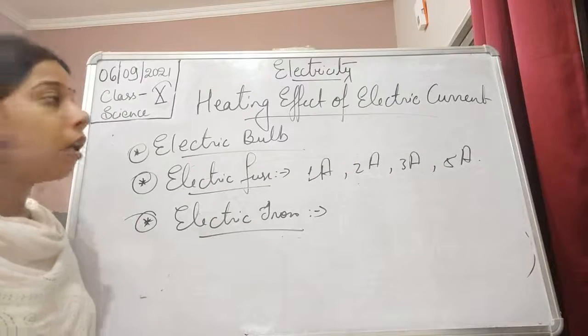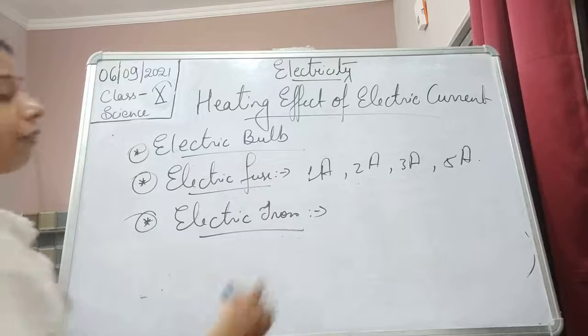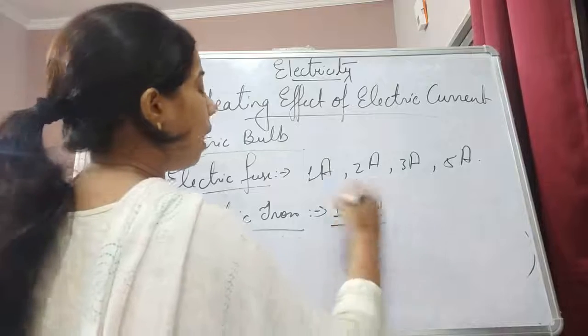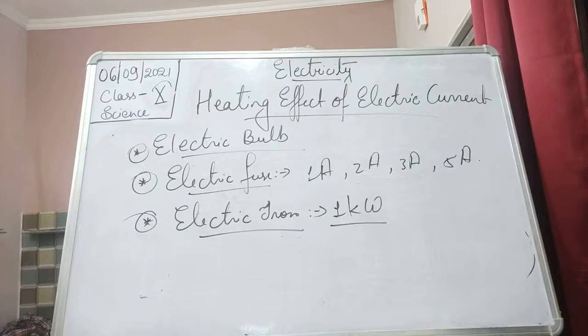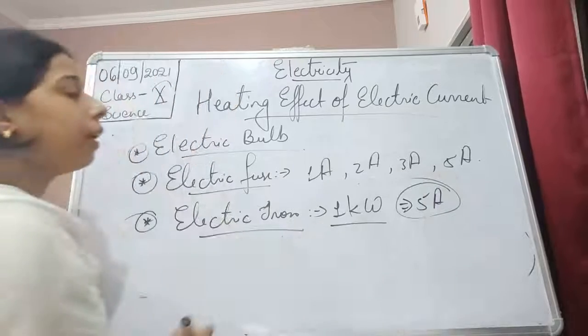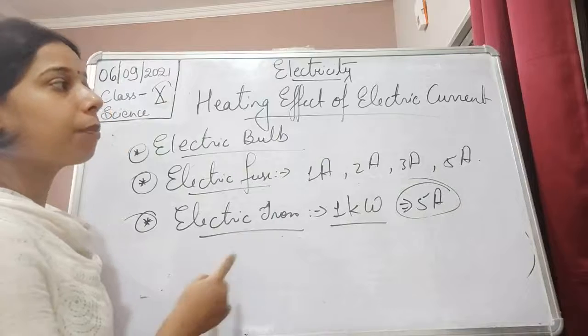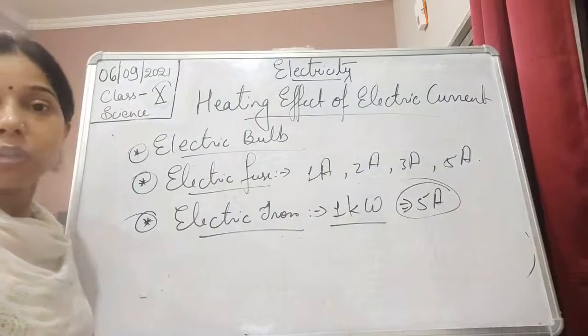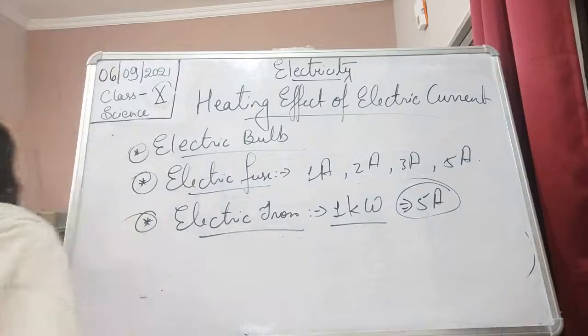And you know what the reason behind it is? The electric iron consumes almost 1 kilowatt of power, and the fuse generally used here is of 5 ampere. So here also, students, in an electric iron, providing electric current produces heat. So this is all about the heating effect of electric current.